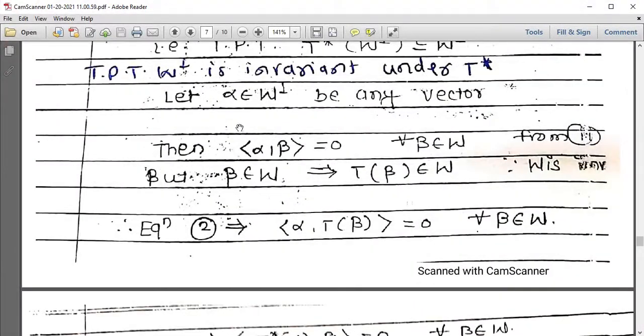Let alpha belonging to W perp be any vector taken from W perp.